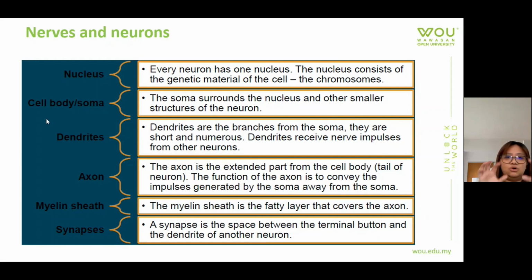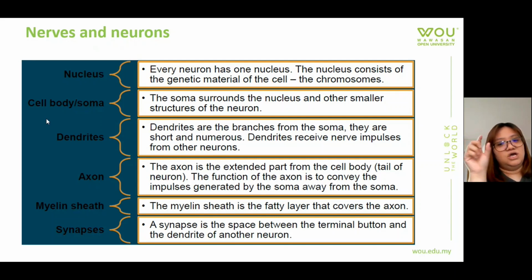The next thing that you should know is the cell body. We call it the soma as well. The cell body, or soma, will surround the nucleus and other smaller structures of the neuron. So it provides the support and the structure of the neuron. Then the next one is the dendrites. Dendrites are the branches from the soma.